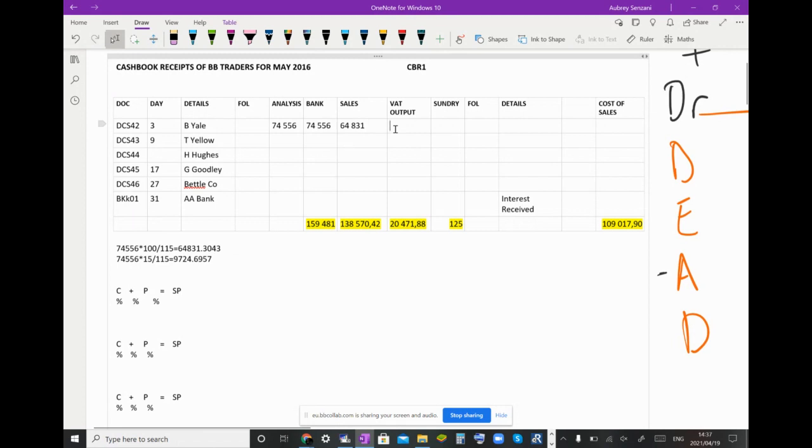That is going to go into output VAT. That's how much you need to pay over to SARS as a result of this transaction. Rounded off to 2 decimals, this is going to be 7 cents, and this is going to be 30 cents.